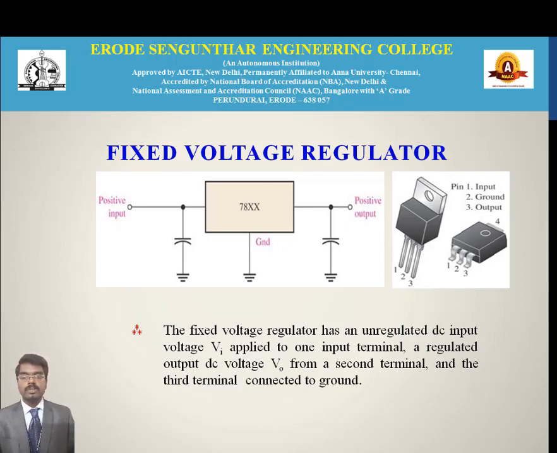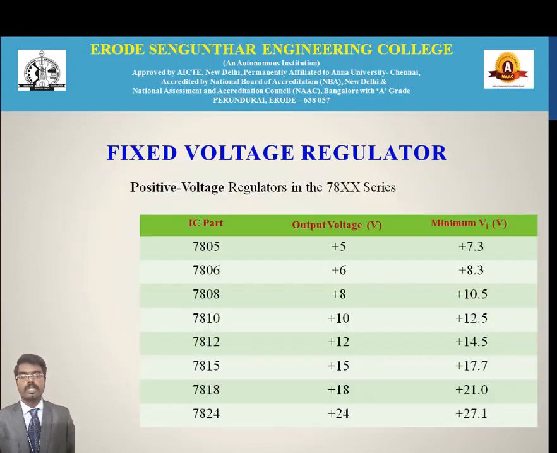On coming to the pin configuration, which is shown in the figure, the first pin represents the input, the second pin represents the ground, and the third pin represents the output. The output obtained from the filter, which is an uncontrolled DC output, is given as an input to this IC in the first pin. At the output, that is from the third pin, you will be getting a constant output voltage.